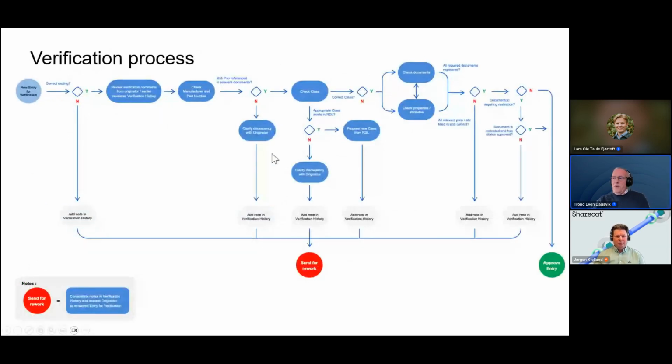I think there was one foil that was jumping past that. We have a procedure for the verification process. There is a document that describes the whole verification step by step that the verifier should follow.